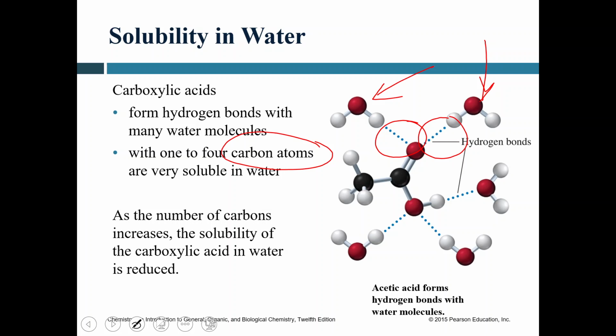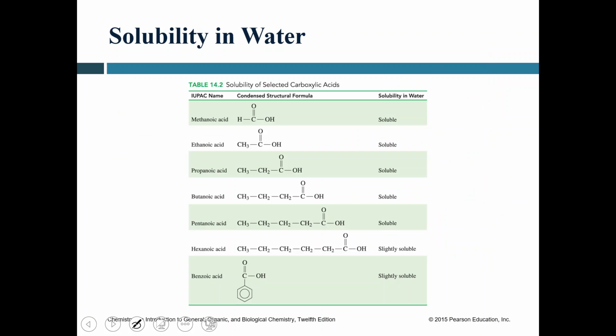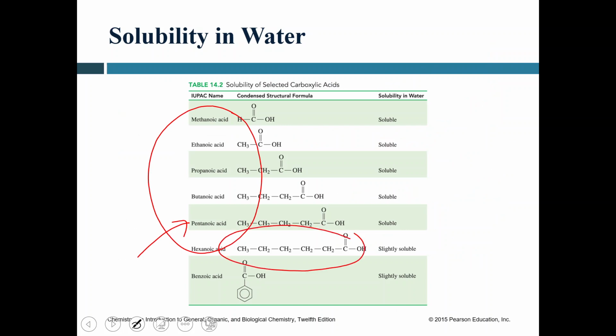The solubility in water is reduced. Why does it happen? If you look at this table, it shows you that even up to pentanoic acid, carboxylic acids are pretty soluble, but starting at hexanoic, which contains 6 carbons, and even more in benzoic acid, they become not as soluble as their counterparts.